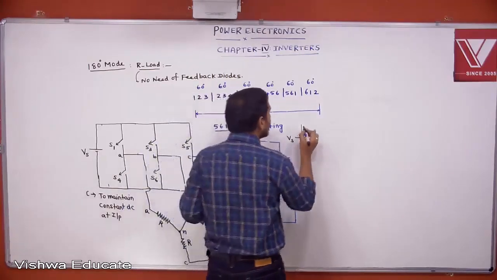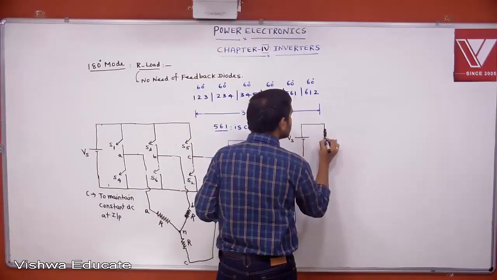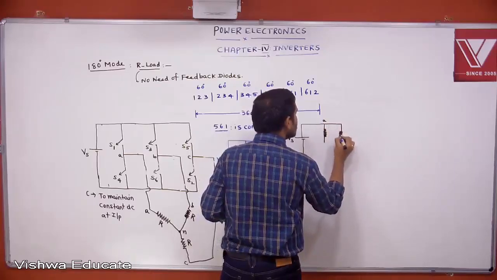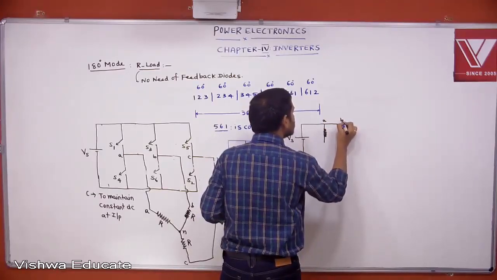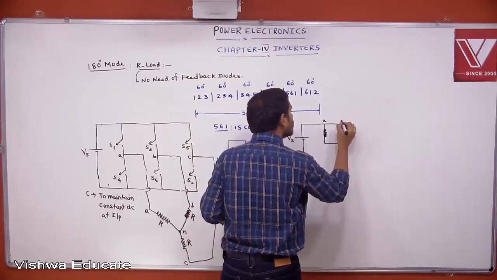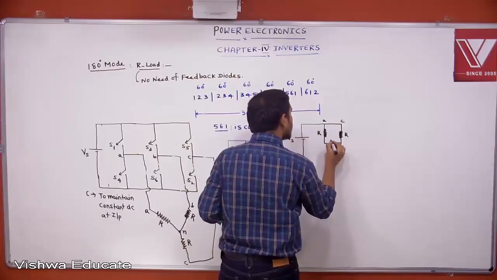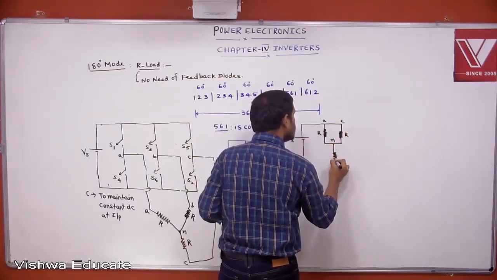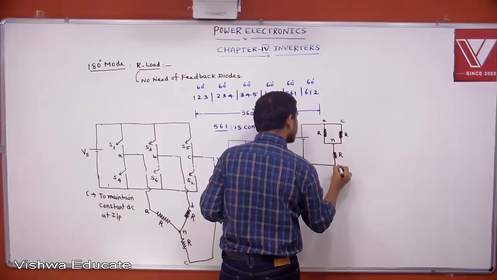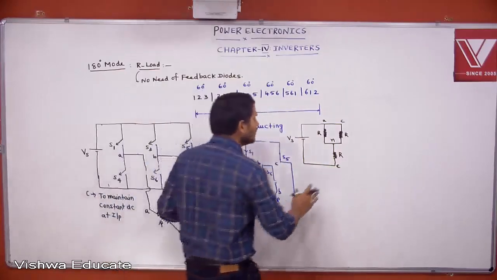A phase is connected to positive plate, and C phase is connected to positive plate. This is R and this is R. This is the neutral point. This B phase is connected to negative plate.